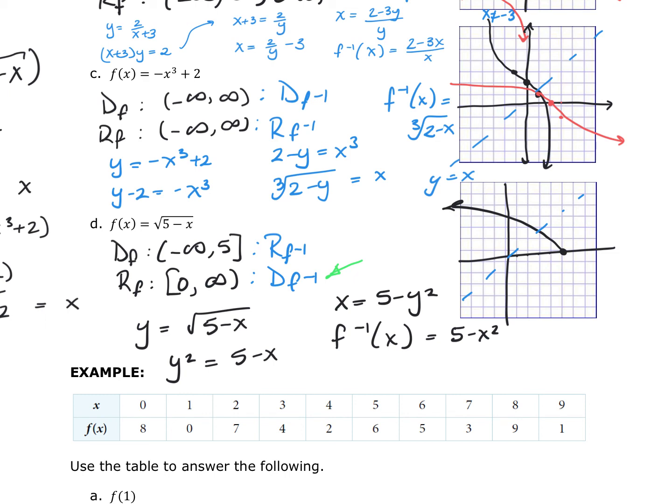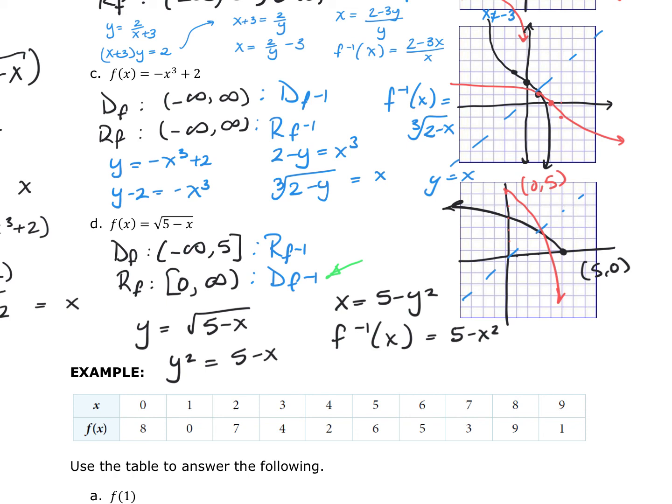So its inverse would start up here at 5. 1, 2, 3, 4, 5, and it's going to go down like this. This ordered pair of the original function is (5, 0), and the inverse is (0, 5). So domains become ranges, ranges become domains, and now I just need to check.